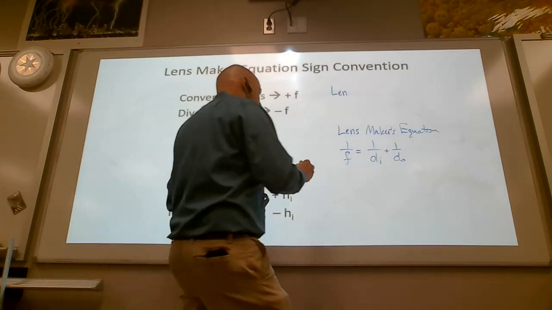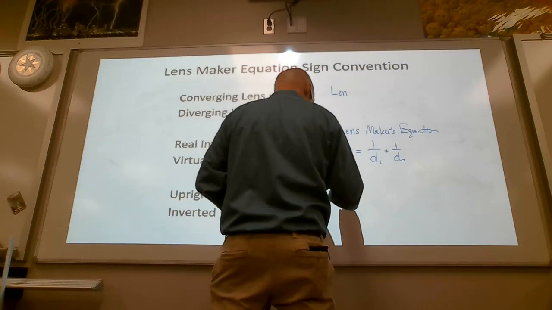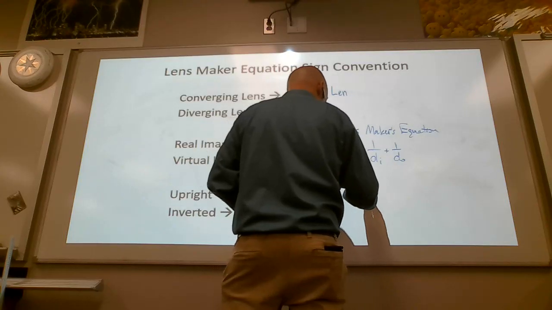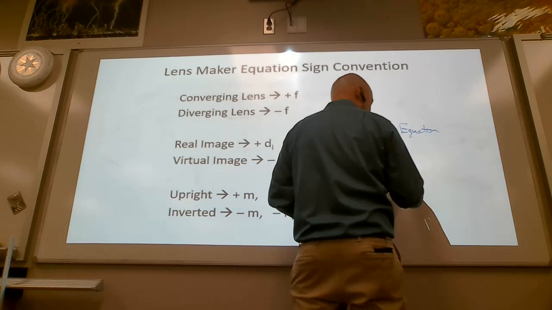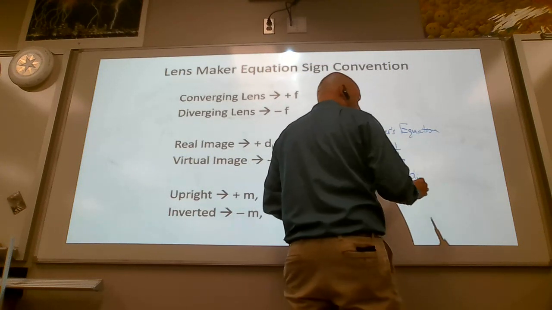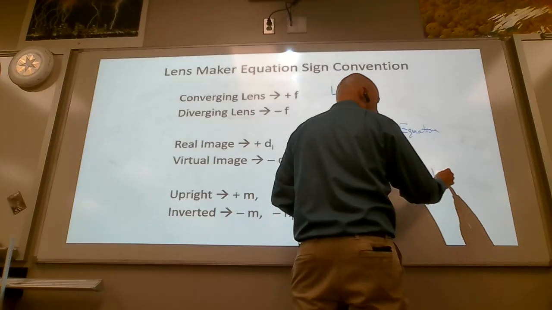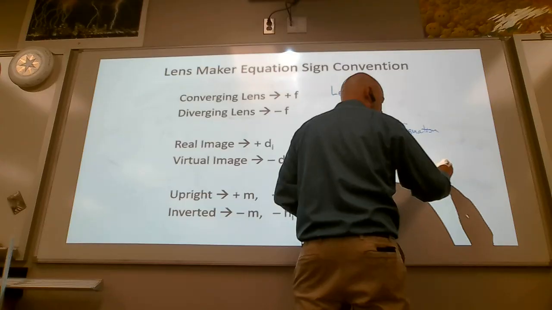Okay? And then magnification. This is equal to negative di over do. It's also equal to your image height over your object height.